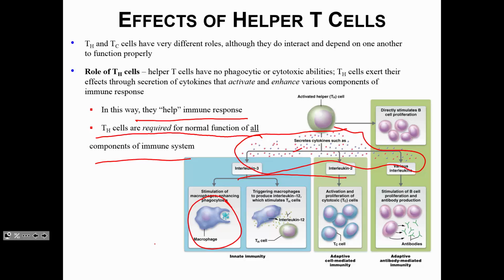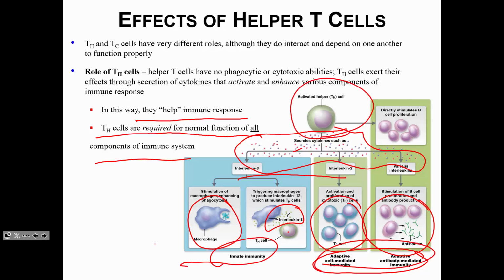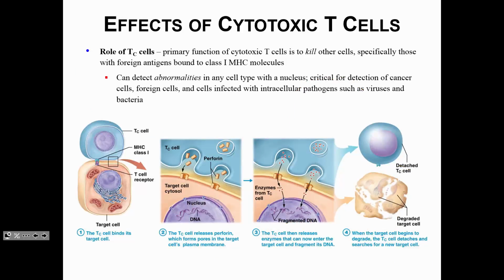They also are going to stimulate macrophages to release more interleukins to help with phagocytosis. They're going to activate proliferation of cytotoxic T cells. They're also going to stimulate B cell proliferation, which is getting into the adaptive immunity, which we're not exactly there yet. But helper T cells act in both innate immunity and adaptive immunity. So it's really important to point that out.